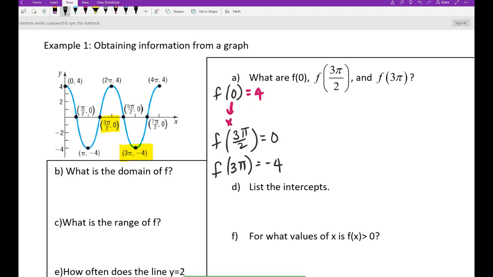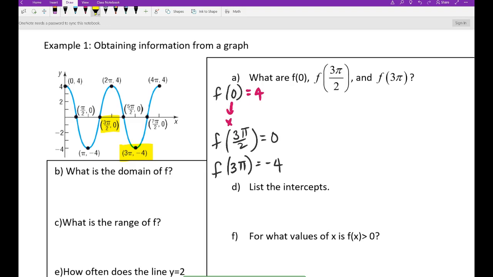Harry, can you help me read B, please? Good. What is the domain of F? Is it all real numbers? No. Where does it start, Ethan? It starts at 0. Where does it end? 7 pi over 2?